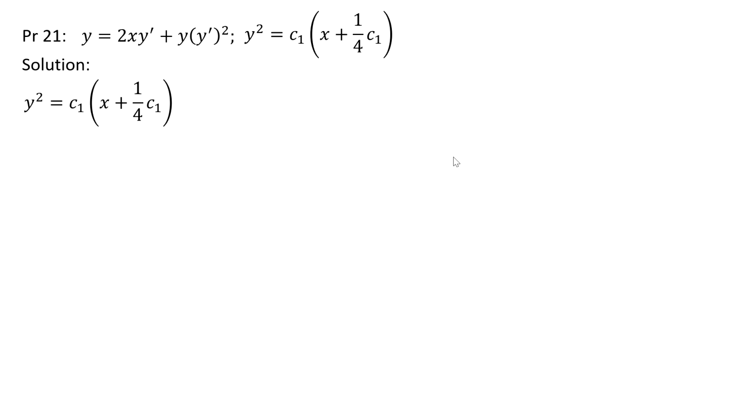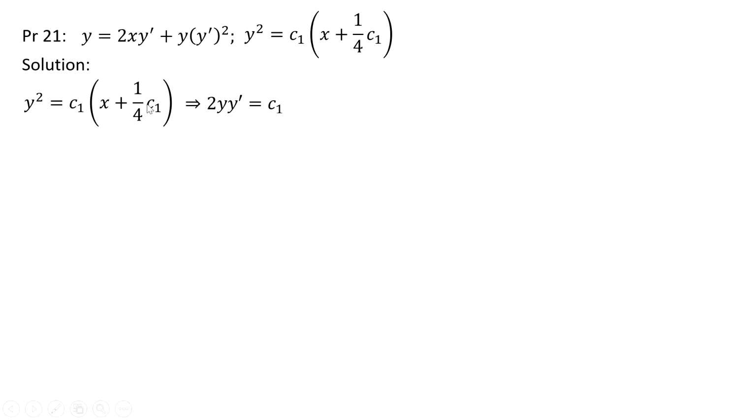Right? So differentiate both sides with respect to x. So when we do that, the left hand side is 2y y prime and the right hand side is what? Yeah, because notice c1 is a constant.